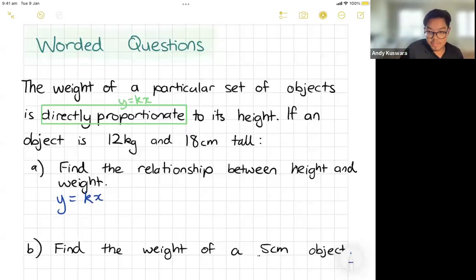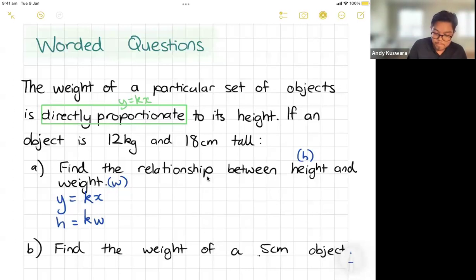Now, for this one, it says the relationship between height and weight. So I'm not talking about x and y, I'm really talking about height, which I'll label h, and weight, which I'll label w. So I could say my height is directly proportionate by value k to my weight.